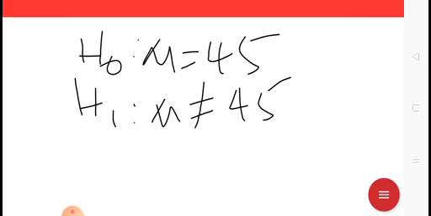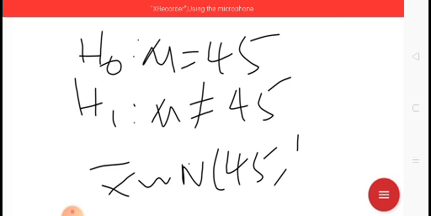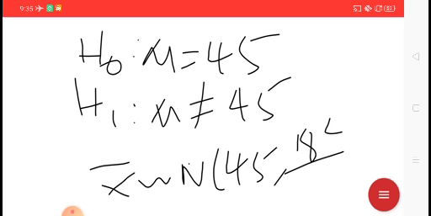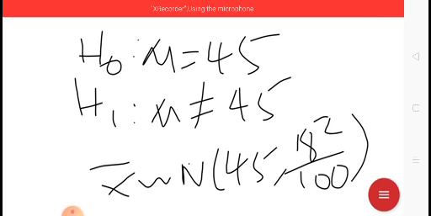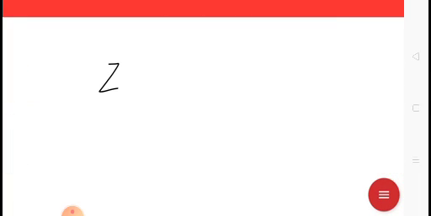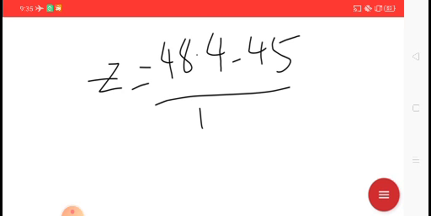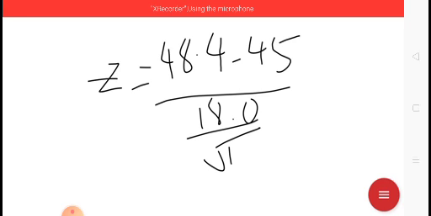Okay, so you can state your parameter. Once you have the parameter, you may go directly to find the Z value. The Z value will be equal to the outcome that you found minus the claim, divided by this.